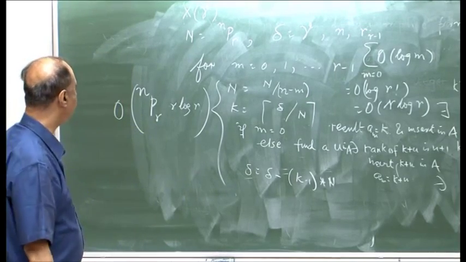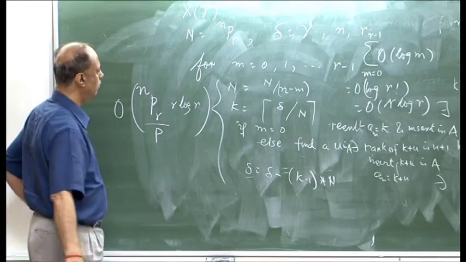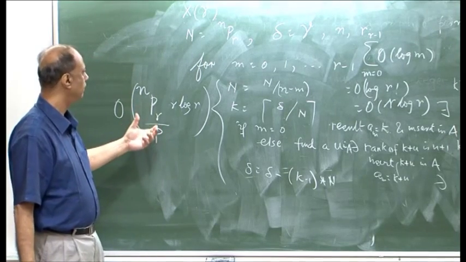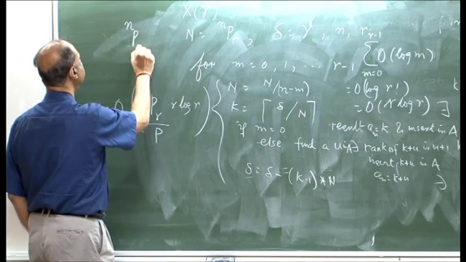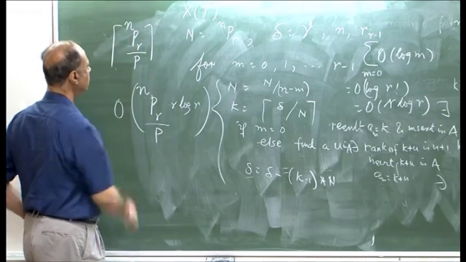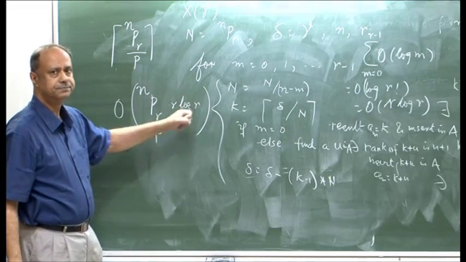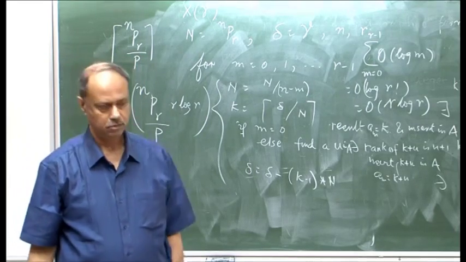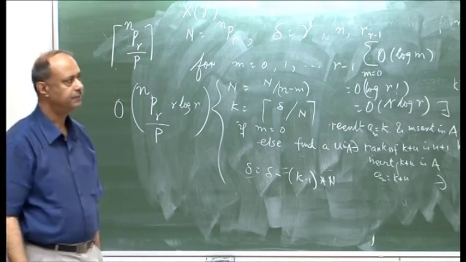So if I have P processors, then each processor will be generating NPR by P permutations. So the time needed is NPR by P times r log r. But if you see, it is not a cost optimal algorithm. But they are very simple to implement.